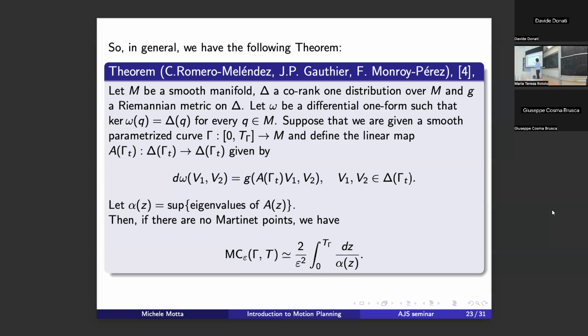And since this is non-degenerate, there is a linear transformation along the curve gamma that does this work, and then you can pick the maximum of the eigenvalues of this matrix, and this is this coefficient alpha. And so the motion complexity of the curve gamma is this number here.